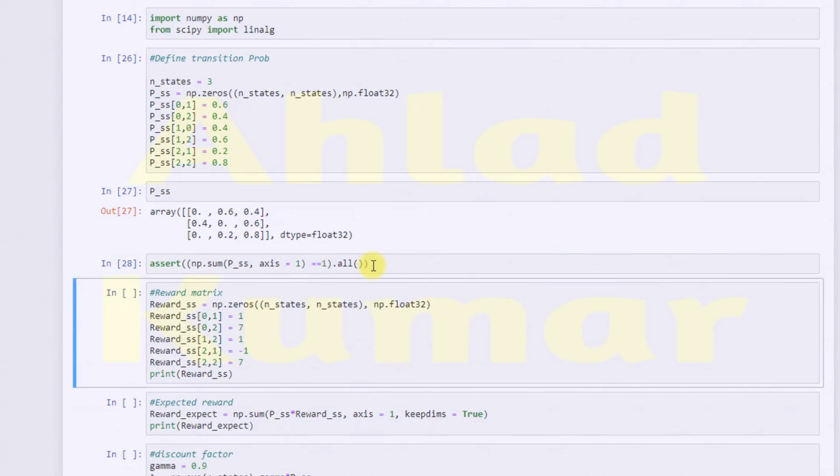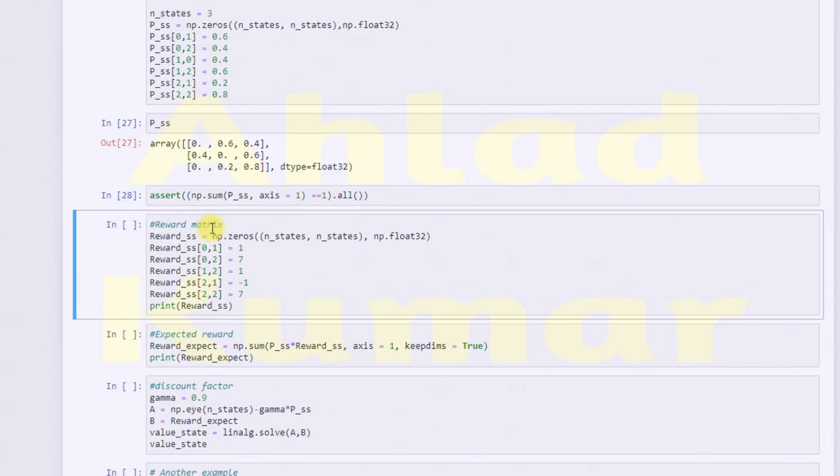So let me run this. It's not giving any error, which clearly indicates that the transitions you are making from a particular state to all the other states sum to 1. This we have already discussed earlier. This is just for checking whether the matrix is obeying that property or not.